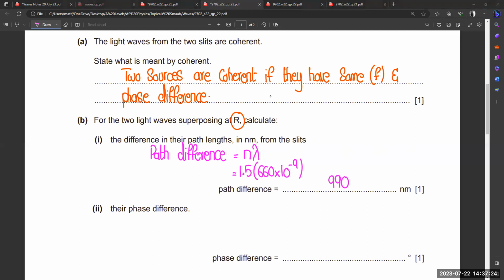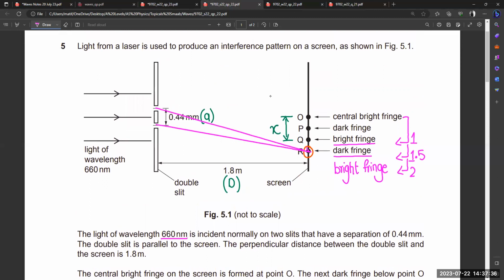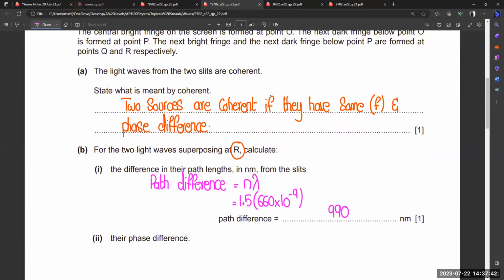The second part is the path difference. So now we need to find out their path difference. Sorry, their phase difference. Yes, their phase difference. We discussed that for bright fringe, we just mark 1.5.